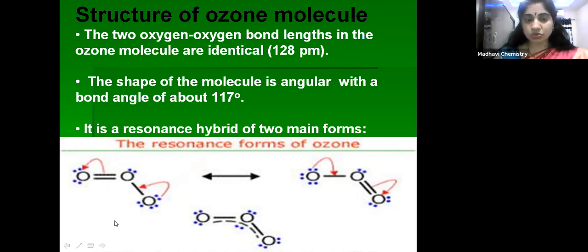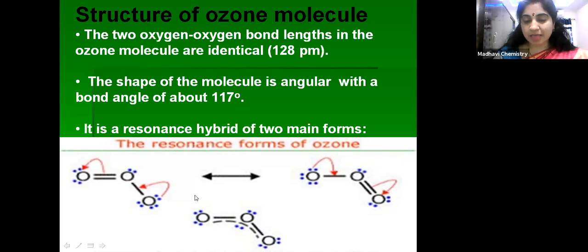You can see here, these are the resonance structures and this is the resonance hybrid. This double bond is delocalizing between these two oxygens. When oxygen forms a double bond, there are two lone pairs of electrons, and when oxygen forms a single bond, three lone pairs of electrons are present. When these lone pairs shift between the two oxygens, the single bond becomes a double bond, so the double bond delocalizes.